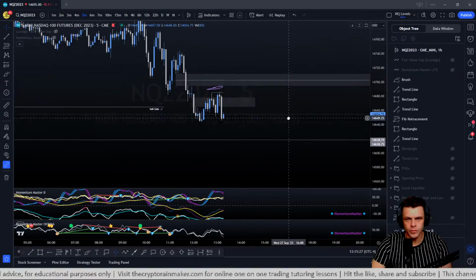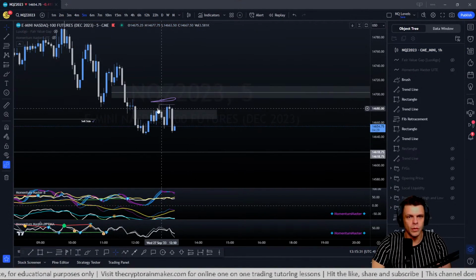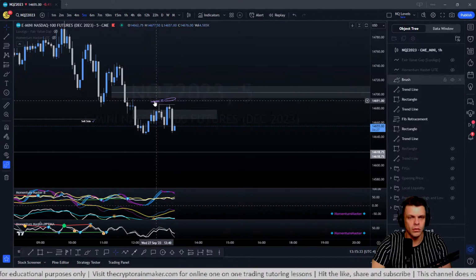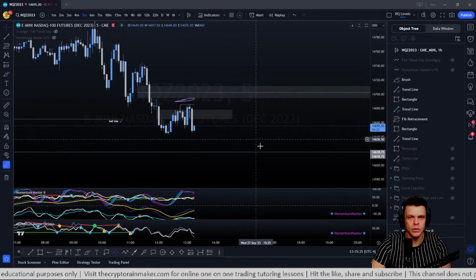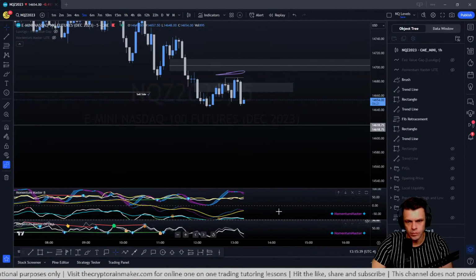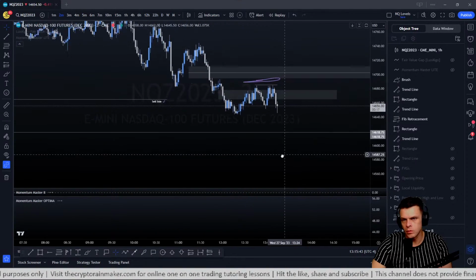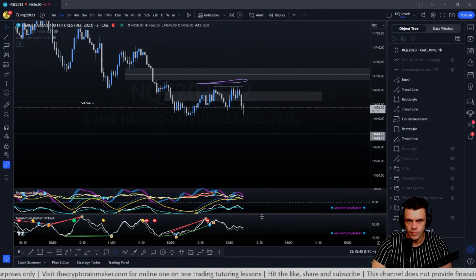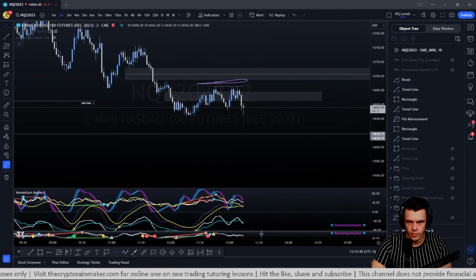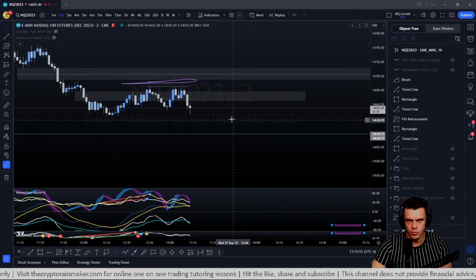All right, so let's see what happens. It looks like we could see something like this: move above the equal highs, knock out the buy stops, reprice, and then come to the downside. Have a look at the 2-minute. 2 minutes still looks like it has some room to the downside.